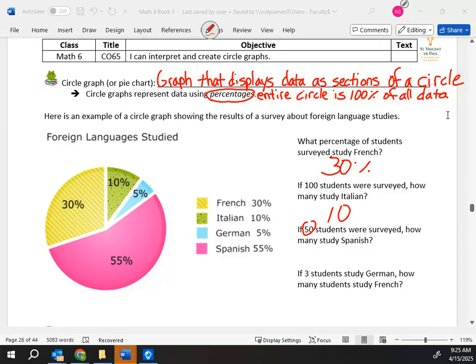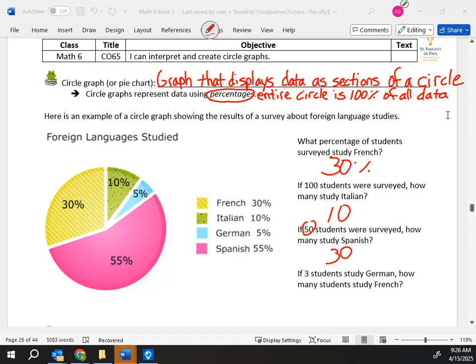50 students were surveyed. How many studied Spanish? What do you think? Well, you want to try this one? 30. How did you get 30? Because I split 100 in half and then I just added 5 to 25.